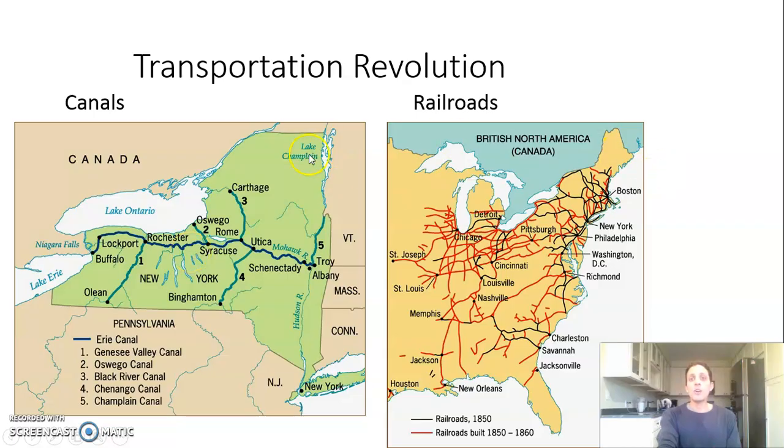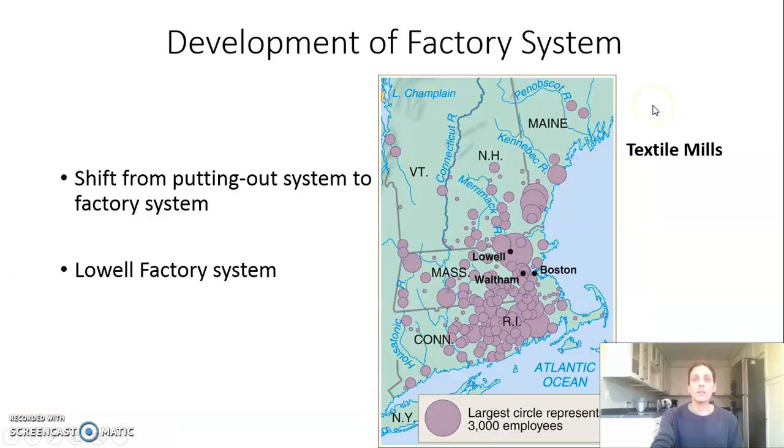You want to note there are some southern railroads, but overwhelmingly, most of the railroads are located in the North, and this connects the Northeast to the Northwest, which are starting to become linked economically and socially. And the South, although they do trade with the Northeast and send their cotton up to the textile mills, are not as linked in socially and economically to the other parts of the country.